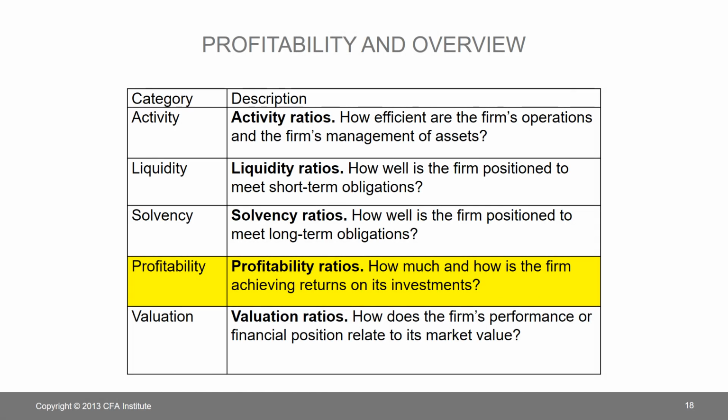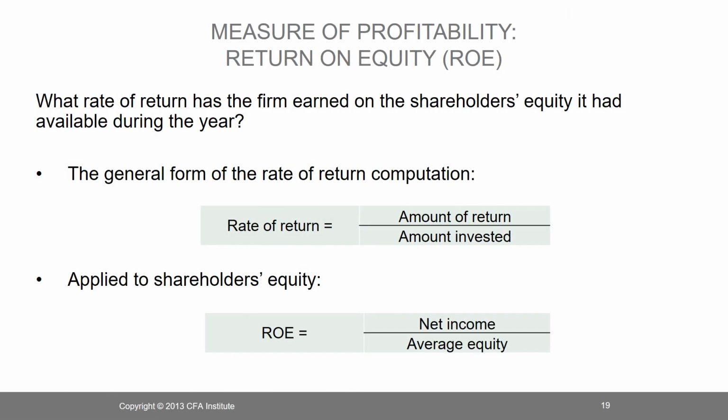Here we're going to begin with the profitability ratios and try to understand them a little bit more. One of the most important measures of profitability is the return on equity. The way we derive the return on equity ratio is from the basic rate of return formula, which is simply the amount of return divided by the amount invested.